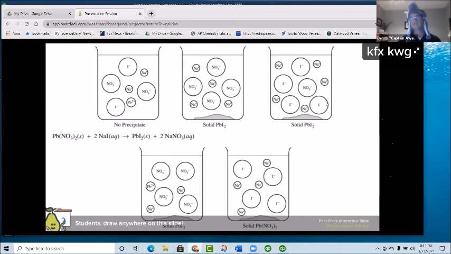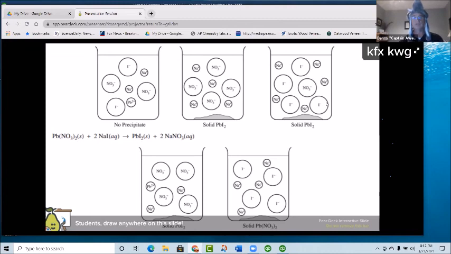And if you look at the balanced equation, notice that for every 2 Na, there's also 2 NO3. So if the Na and the NO3 are spectator ions, then we would expect them to be in the beaker in the same ratio. So if you're going to have 1, 2, 3, 4, 5 sodiums, then you should also have 5 nitrates. If you have 4 sodiums, you should have 4 nitrates. So it's not just about the precipitate. It should also be about, are they in the right proportion?